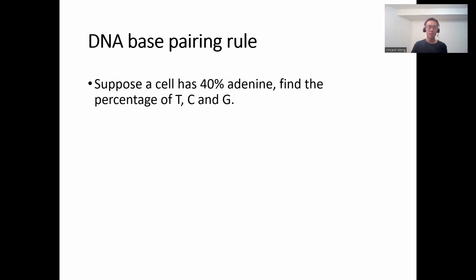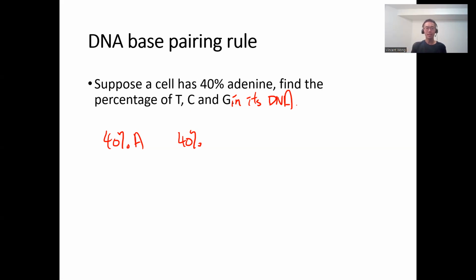Find the percentage of T, C, and G in its DNA. You kind of know I'm talking about DNA, because this is referring to thymine. So if you have 40% adenine, right away, what else is 40%?